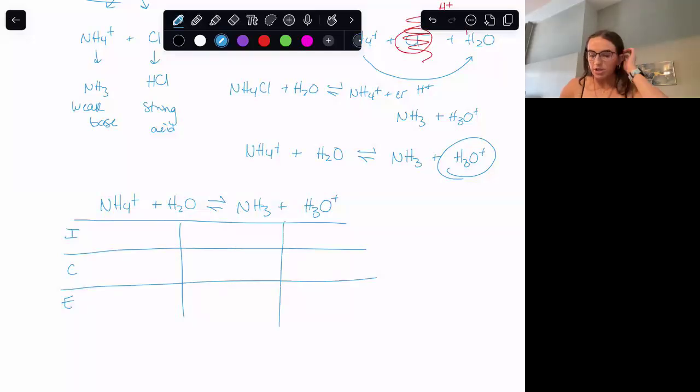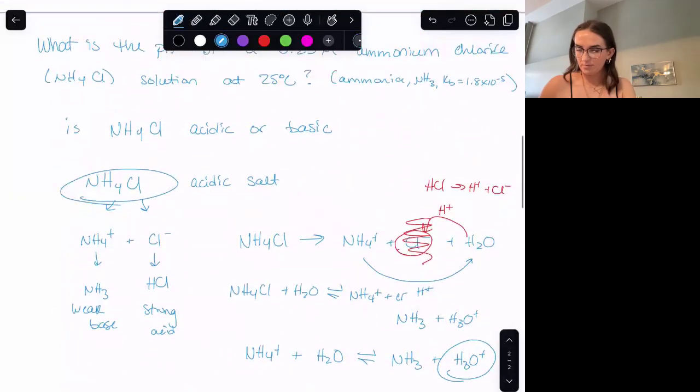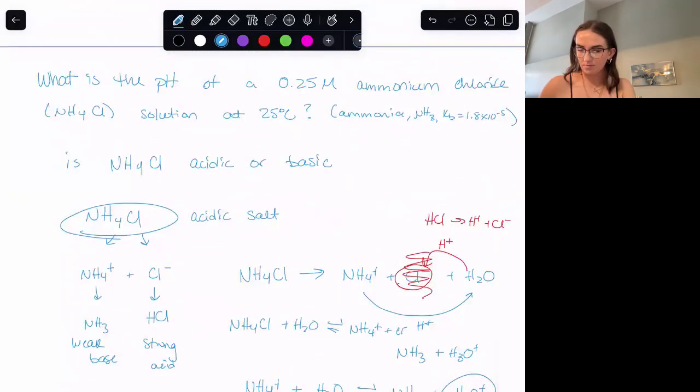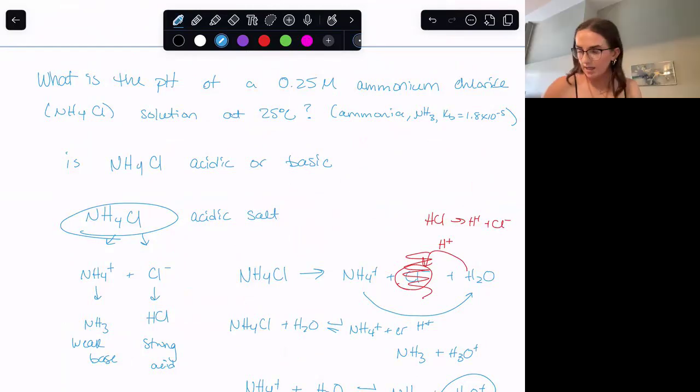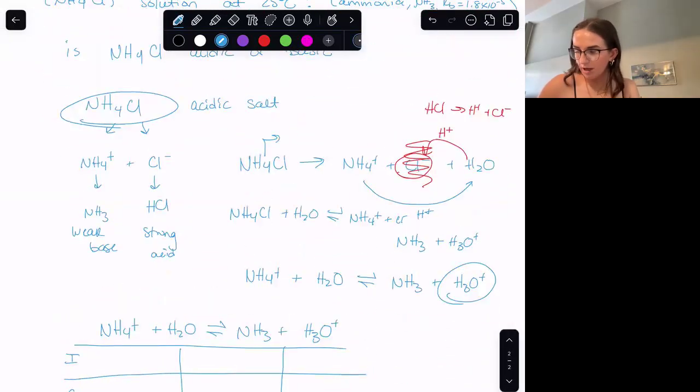What goes into our initial concentration of NH4 plus? 0.25. Yep. And why is that the case? When we break NH4Cl into NH4 plus and Cl minus, everything is 1 to 1 to 1.